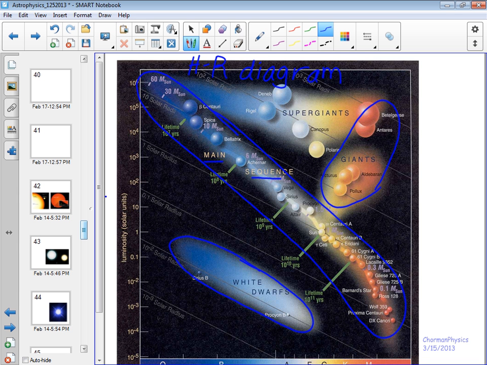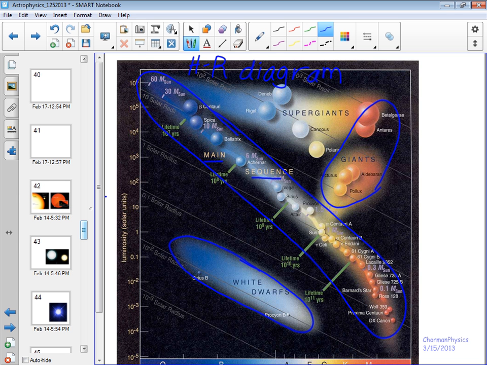The main sequence stars produce enough energy to exactly counteract the gravitational pressure. And we see here that as the luminosity goes up, the mass goes up with these stars. This diagram has been drawn very nicely to actually show that. Red giants are very large, cool stars with a reddish appearance.